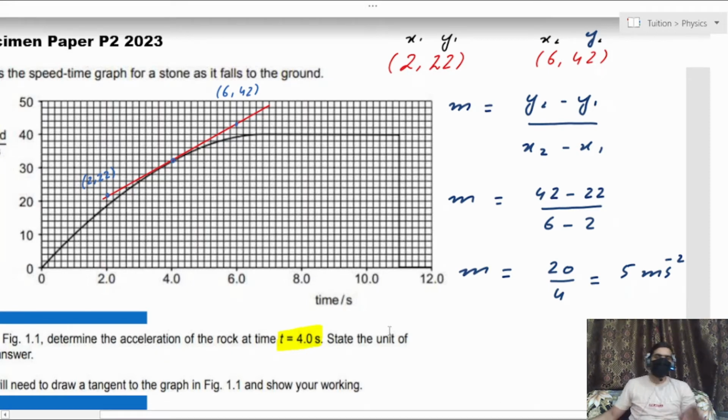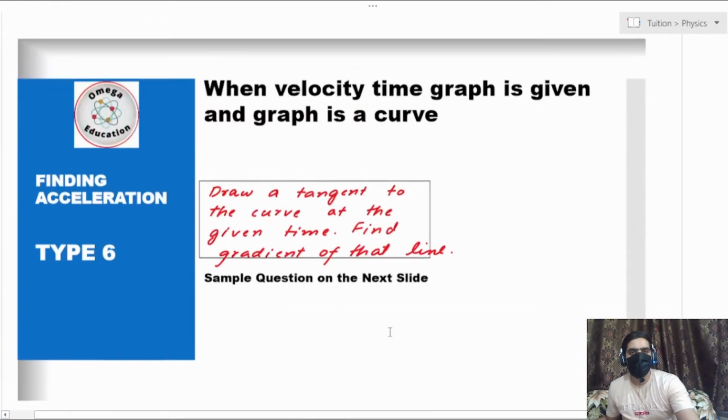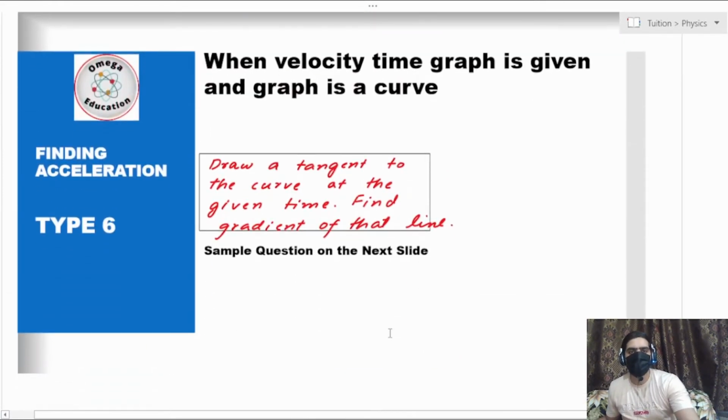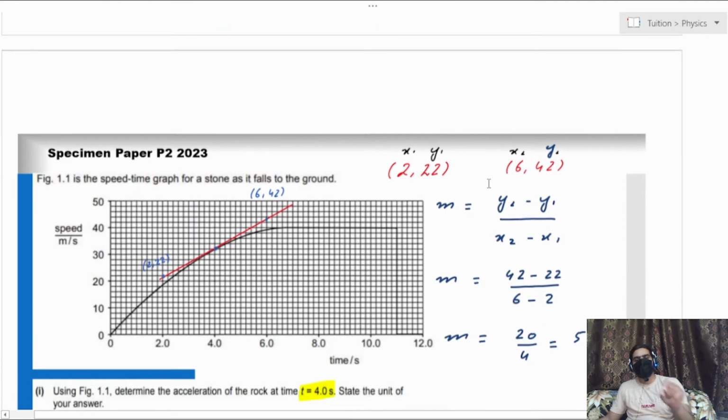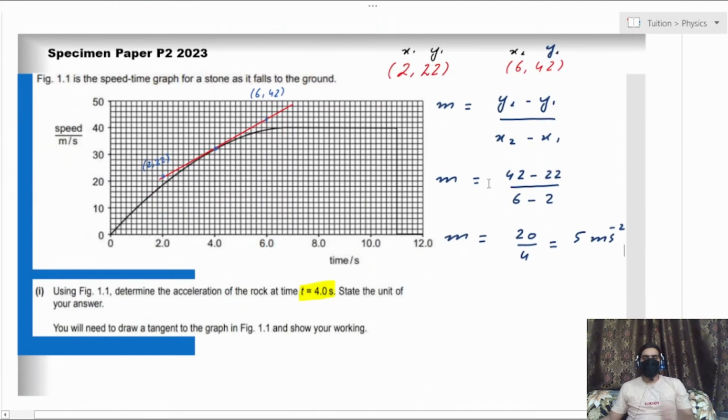So this is how we can find acceleration in type 6, where you're provided with a curve and they ask you to find acceleration. You simply draw a tangent at that specific point. Once you have drawn the tangent, it is just a question of mathematics of finding the gradient of that tangent.